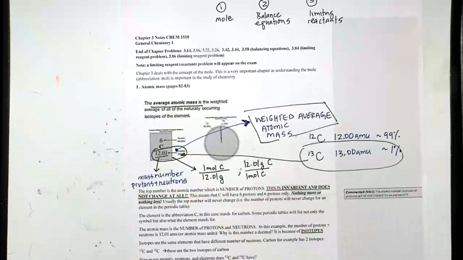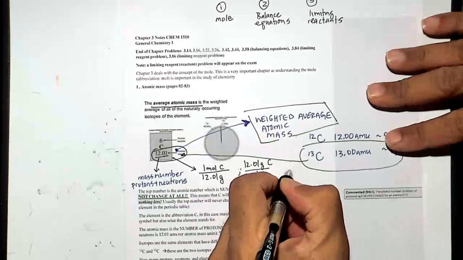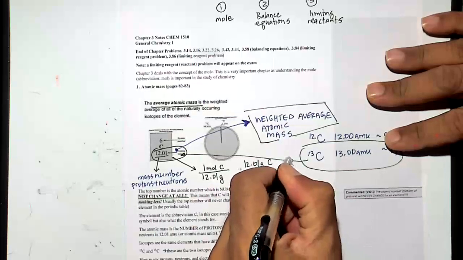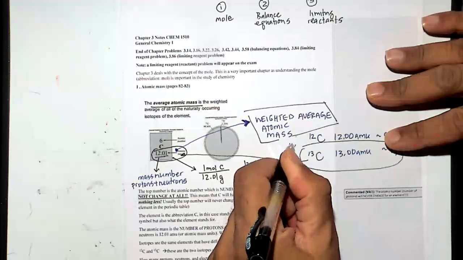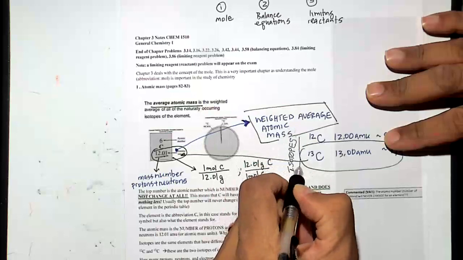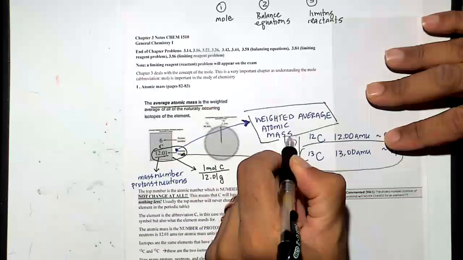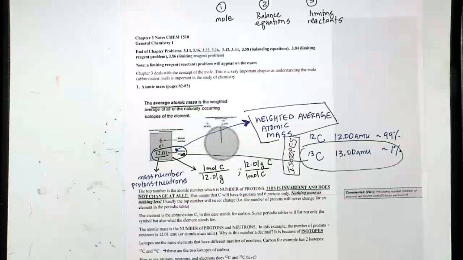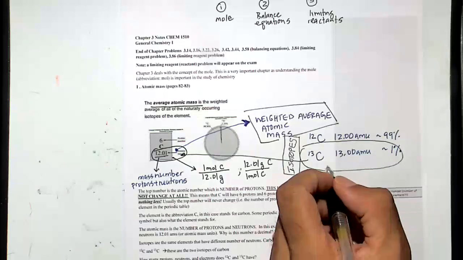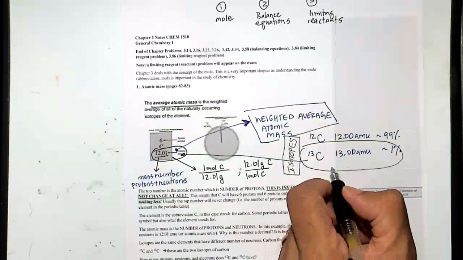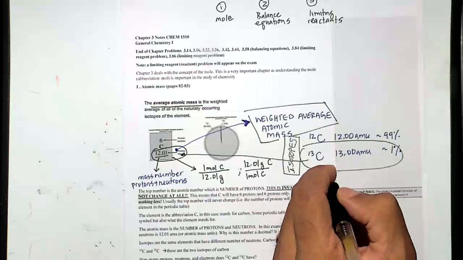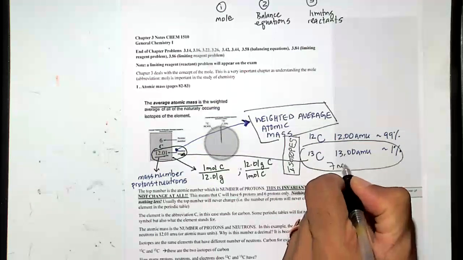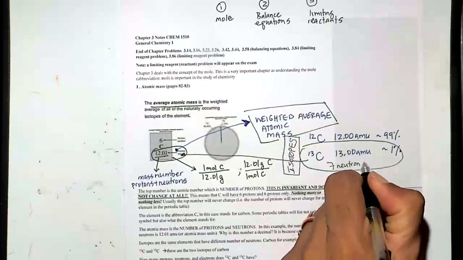What are carbon 12 and carbon 13 called, for the exam Thursday? What is the meaning of isotopes? Same element, different number of neutrons. How many neutrons are in carbon 13? 7 is the right answer. Very good.